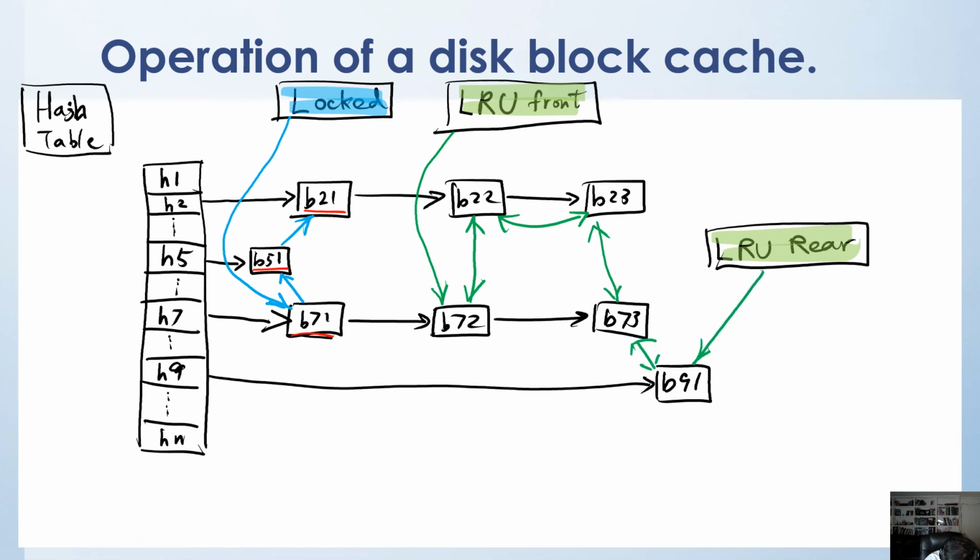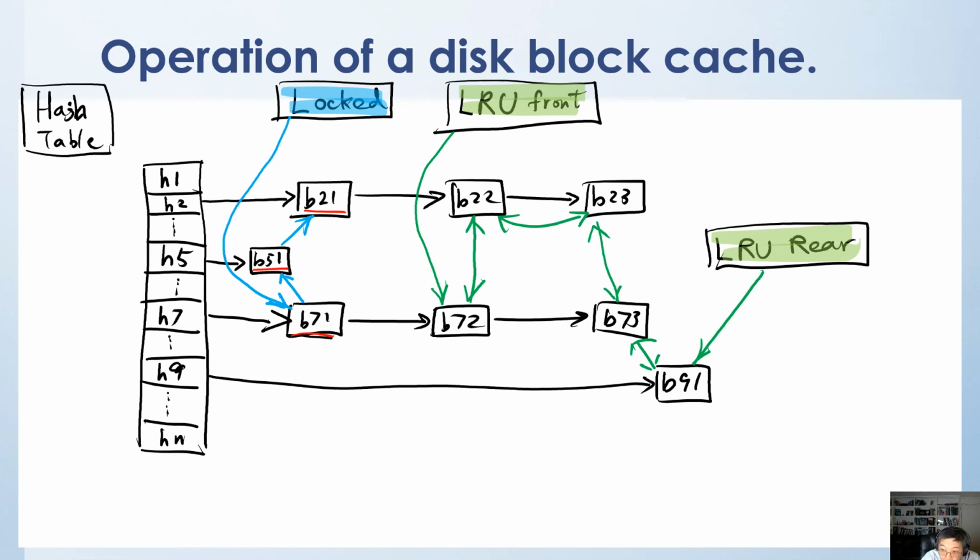The reason we use a doubly linked list is because you can search it very easily, from front to rear and from rear to front, either way. Now B91 is at the rear of the list, so B91 is the most recently accessed block. But B72 is the least recently accessed one.